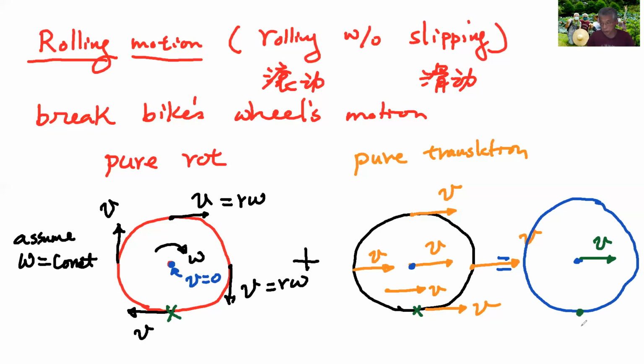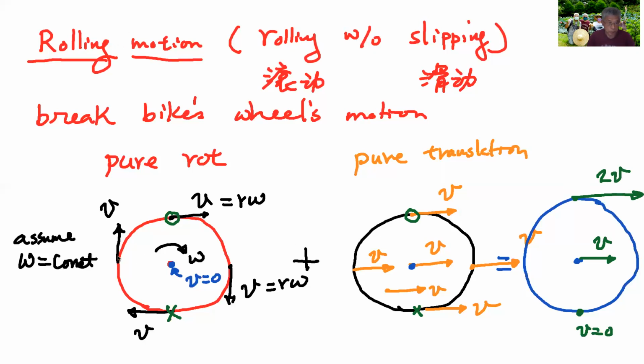So this one here, velocity is equal to 0. Now if you look at this one here, let's make that one a circle. Then this one's V, but that one also V. So this is 2V.